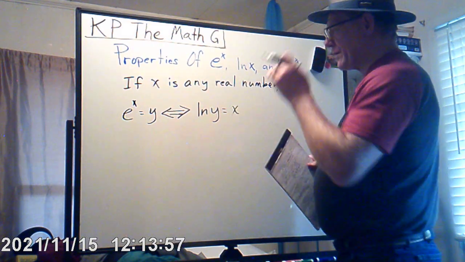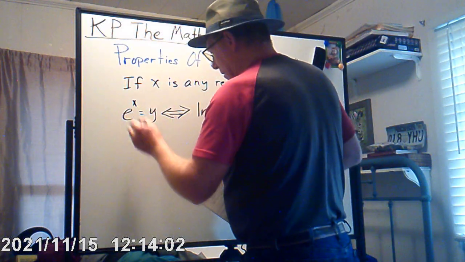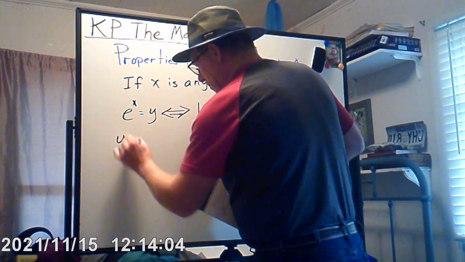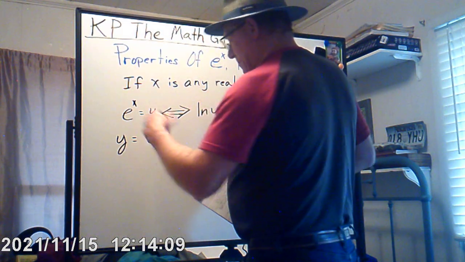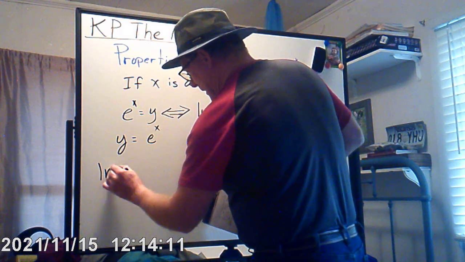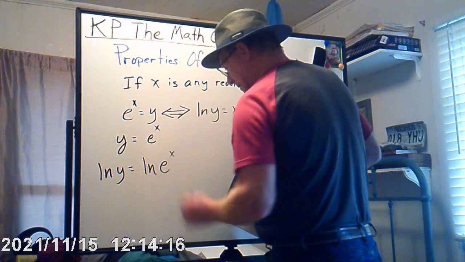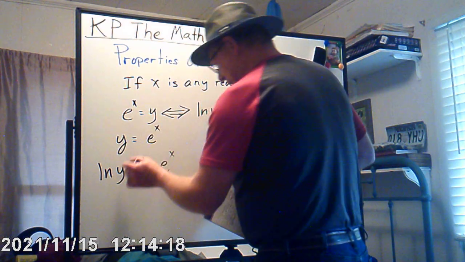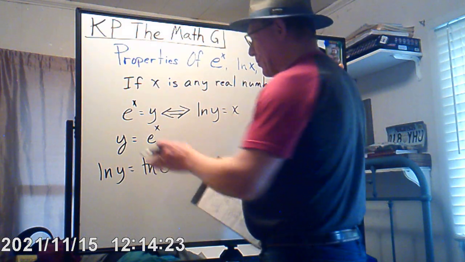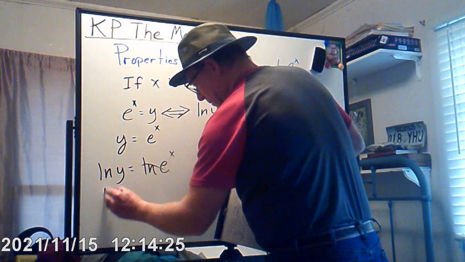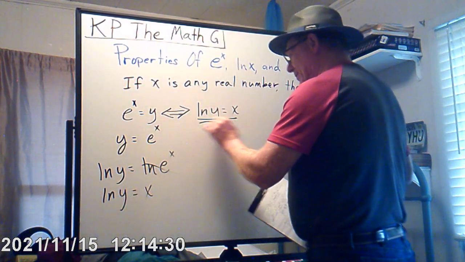That means if and only if. So in other words, if we have y equals e to the x, then we can say ln of y equals ln e to the x, and all that does is the ln and the e both, I hate to say cancel out, but that's what happens with inverses. So we have ln of y equals x, and that's what we have here.